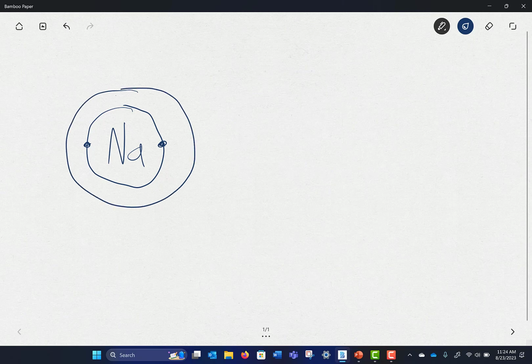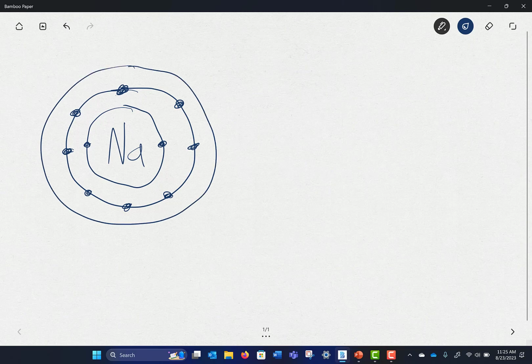It has more than 2, so we have to add another shell. Remember, the second shell can have up to 8. There's 8, so now it's got a total of 10. But since it needs 11 electrons, we have to add a third shell. So that is sodium, atomic number 11.